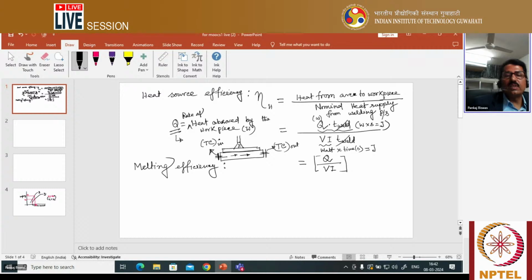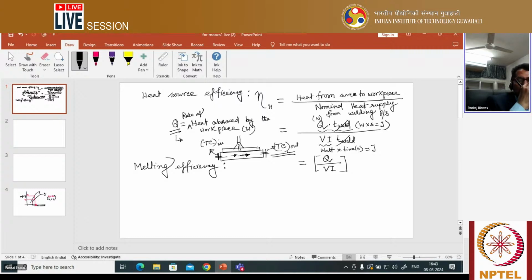Once the arc does the welding, it supplies heat from the arc to the workpiece, and from the workpiece to the water. Due to this heat supply from workpiece to water, the temperature of the water increases. This temperature of the water we measure with time.